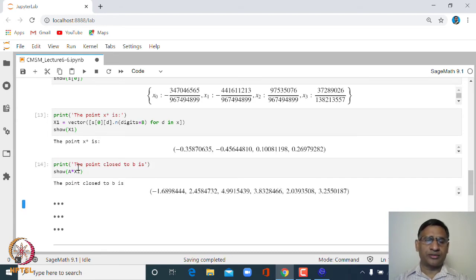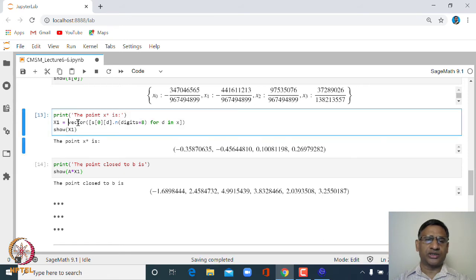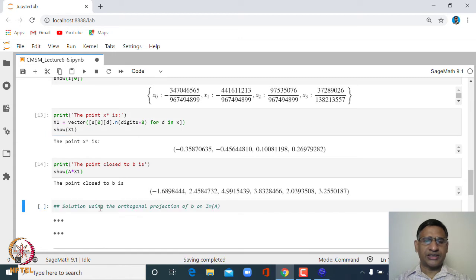Next let us see how we can obtain this using orthogonal projection. The point which is closest to B is Ax1, where x1 is this solution vector, the least square solution of Ax equal to B. This point Ax1, which we obtained using calculus, is nothing but the orthogonal projection of B onto the image space of A. So how does one find the orthogonal projection of B onto the image space of A?